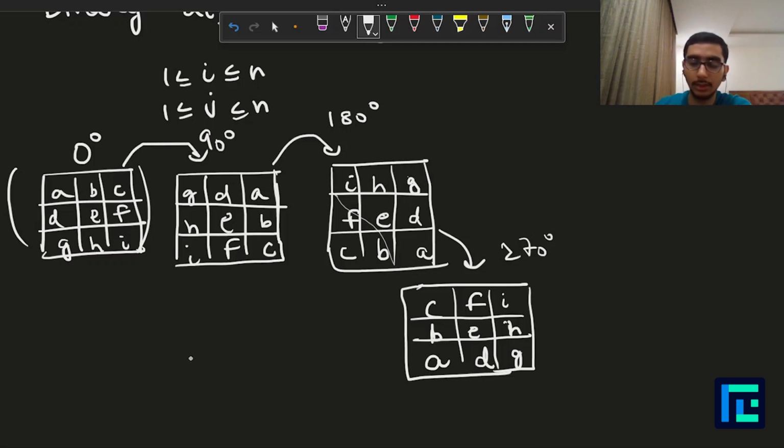So now these are the four rotations. Our problem statement says that we have to change the matrix somehow so that all these four matrices are the same.